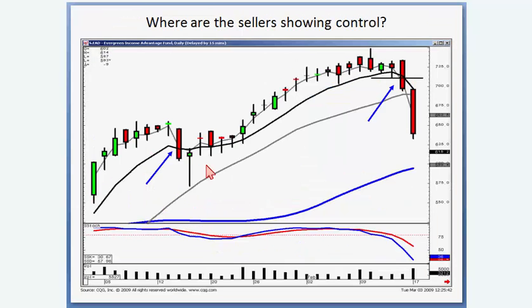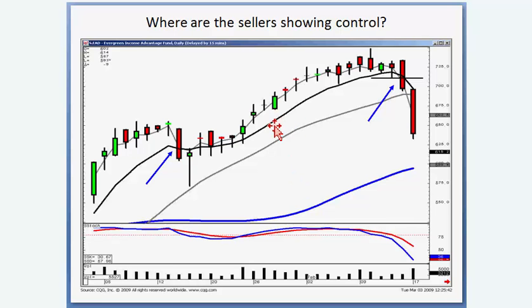So I pick out spots that tell me when I got back in, where was the time to get out? Well, there was a doji type day. It didn't close below the T line, but I have a doji day. So where is a simple, logical place to put a stop? Well, if they were able to bring it back down below the low of that doji, I want to be out of that trade, because that tells me they didn't take it up. They're still taking it down after the doji.